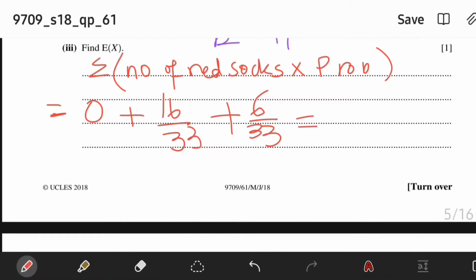And doing the calculation, you'll get an answer of 2 over 3. That's the answer.